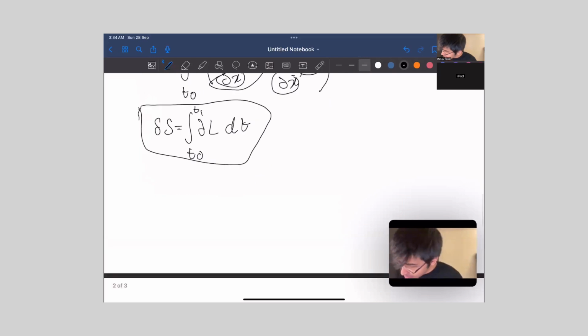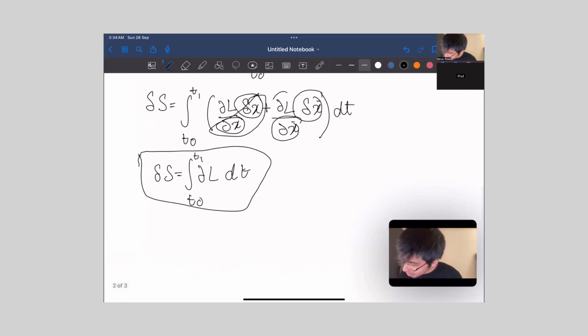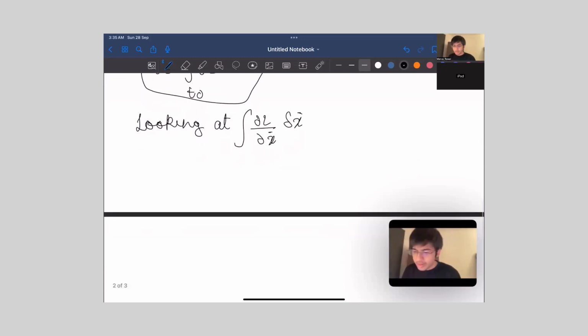If we look at this second term over here, this integral actually looks suspiciously similar to something else. We can modify this to get what we want.